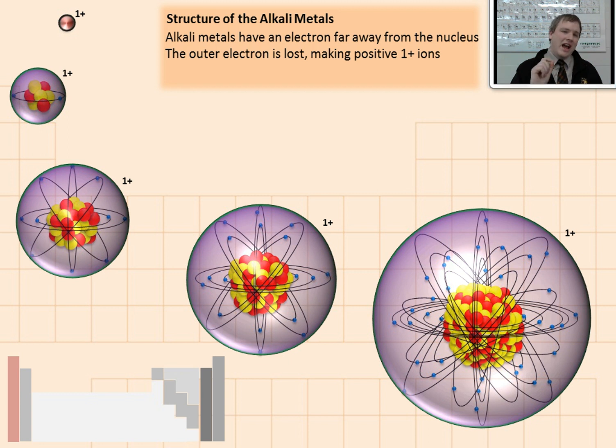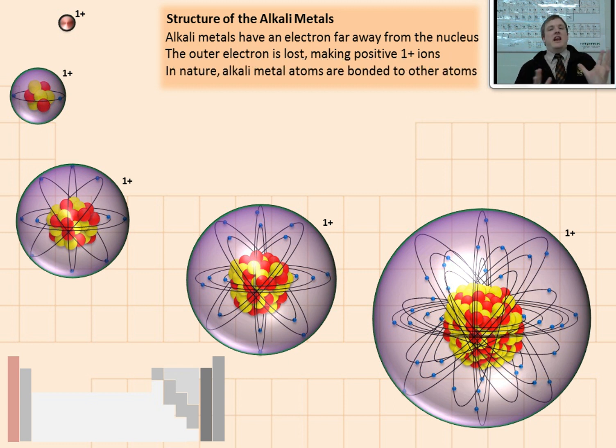So what makes the alkali metals similar is that they all have one electron far away from the nucleus. That electron is very easily lost in a violent reaction, which causes it to form 1+ ions. And then in nature, these alkali metals are so reactive, you just never find them by themselves. They're always reacted with other things to make brand new substances.